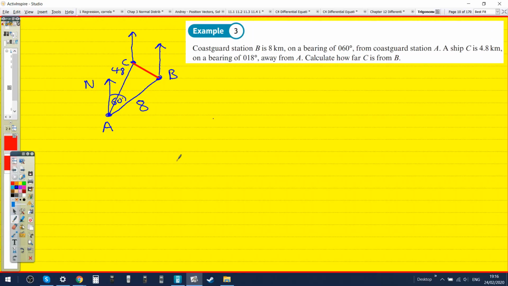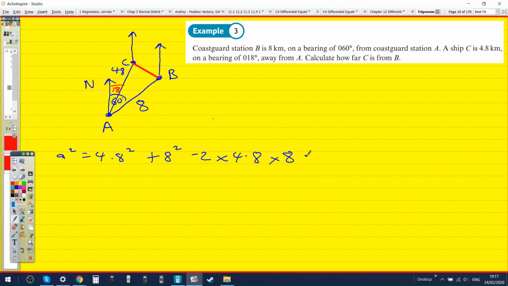Oh, right. So will that be something like a squared equals 4.8 squared plus 8 squared minus 2 times 4.8 times 8 times cos 60?